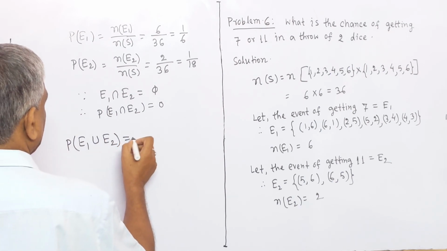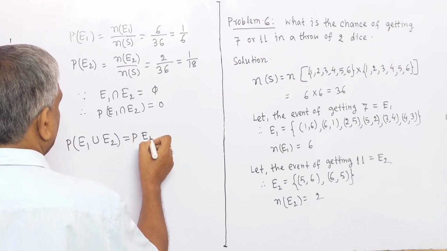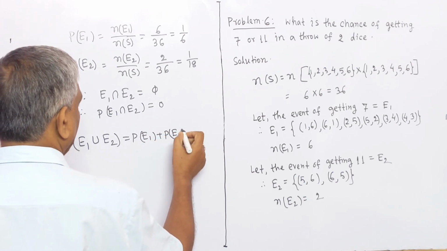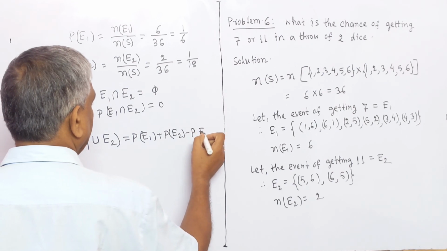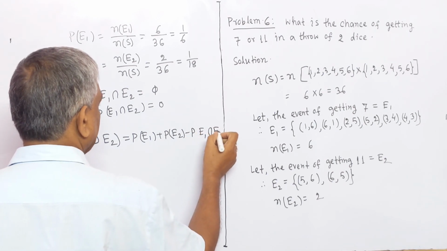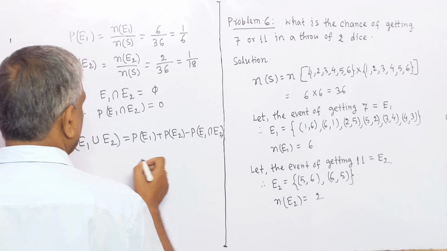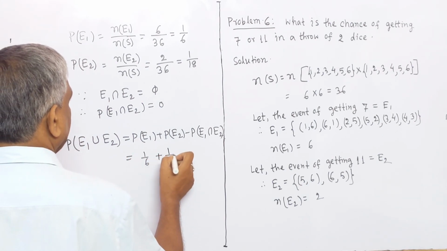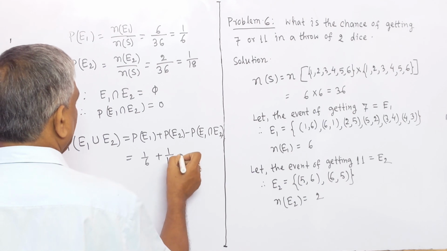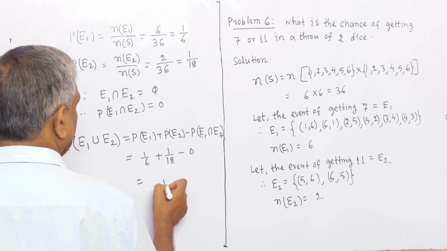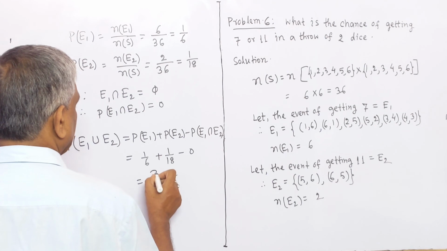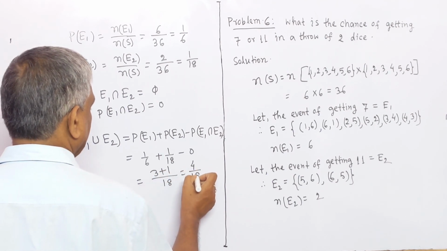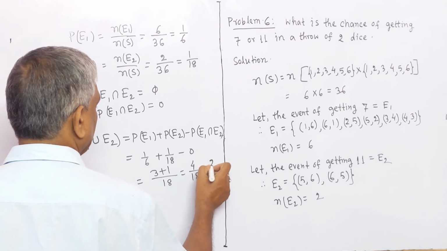P(E1 union E2) is P(E1) plus P(E2) minus P(E1 intersect E2), and this is equal to 1 by 6 plus 1 by 18 minus 0. The denominator is 18, 3 plus 1, 4 by 18, means 2 by 9.